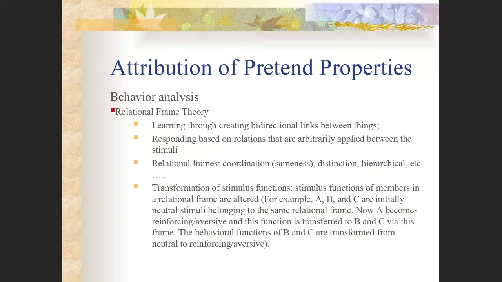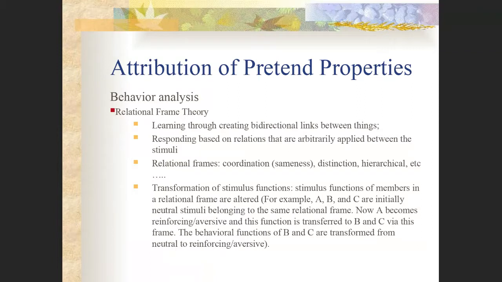In relational frame theory, learning happens through creating bidirectional links between things. The relational responding is based on relations that are arbitrarily applied between the stimuli. And the relational frames can be a frame of coordination based on sameness or equivalence relation, or distinction, A is different from B, or hierarchical, like in our family tree, right?